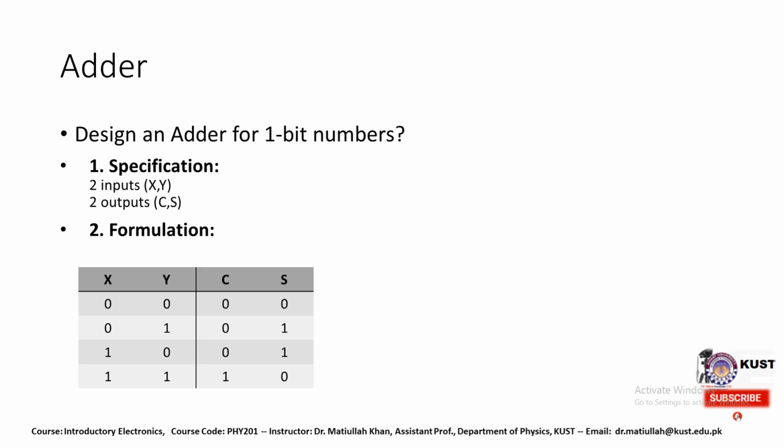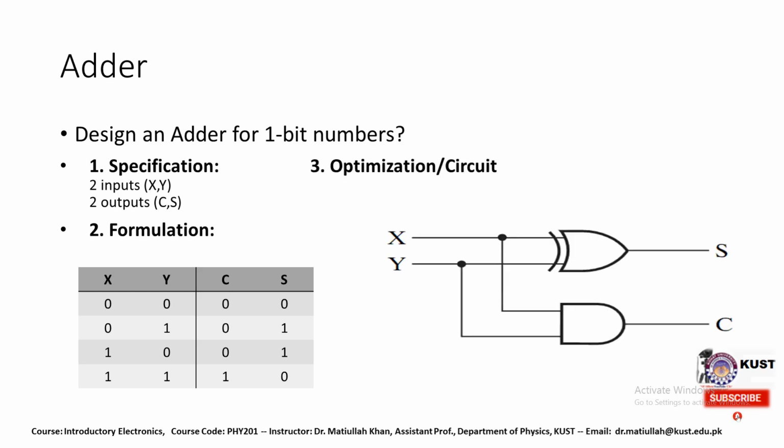For the inputs 0 and 0, the output will be 0 and 0, and similarly for 0 and 1 the output is 0 and 1. For 1 and 0 the output is like this, and similarly for 1 and 1 the output will be cs, that is 1 and 0.